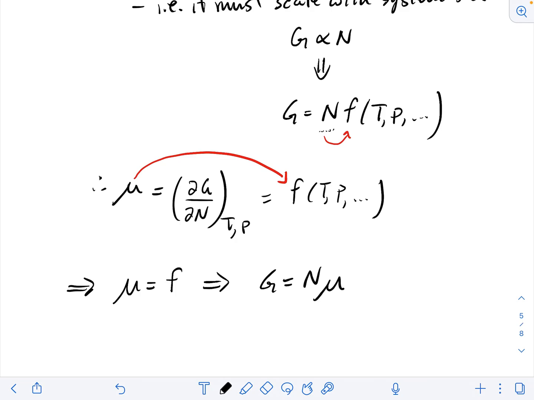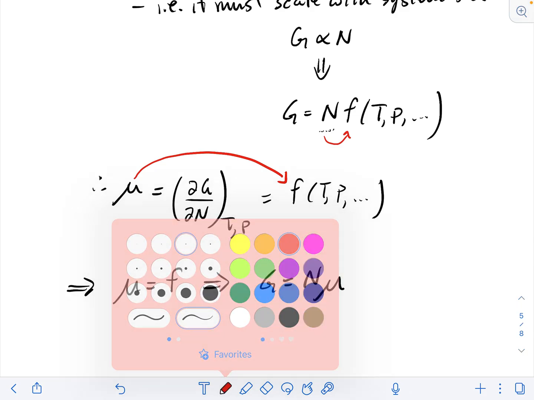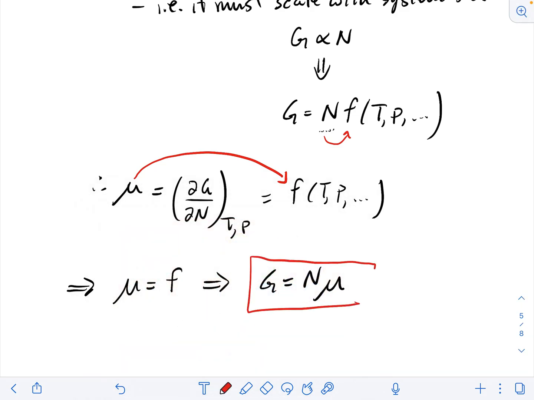This is one of our important results: the Gibbs free energy is just the number of particles in the system times the chemical potential. Or, in other words, the chemical potential is the Gibbs free energy per particle.